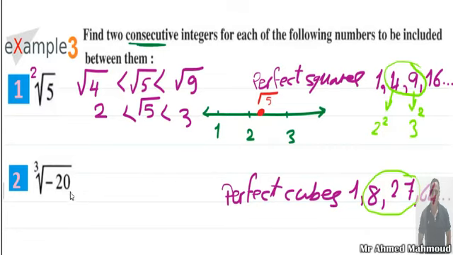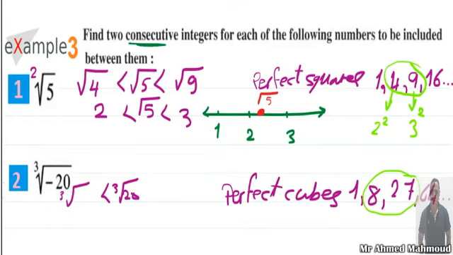Okay, then if I need to write the roots of them, I will write like this: cubic root of 20 is greater than cubic root of what? Cubic root 8 or cubic root 27. I'm going to write the greater one first because we have negative numbers here.